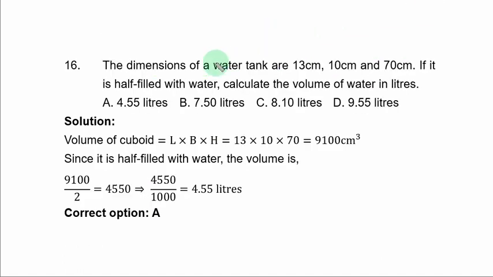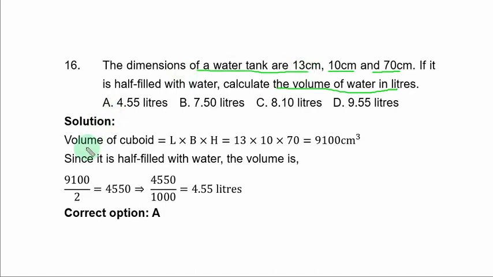Question 16. The dimensions of a water tank are 13 cm, 10 cm, and 70 cm. If it is half filled with water, calculate the volume of water in liters. The given dimensions indicate that the tank must be in cuboid form.